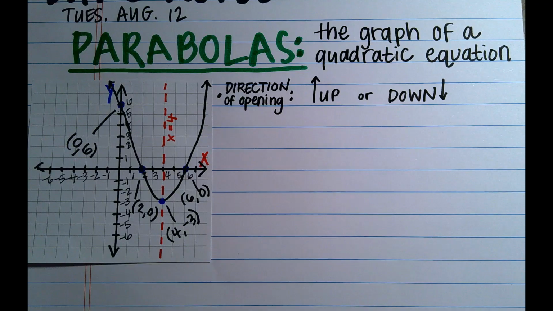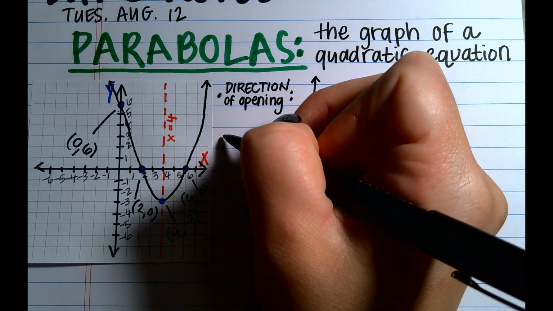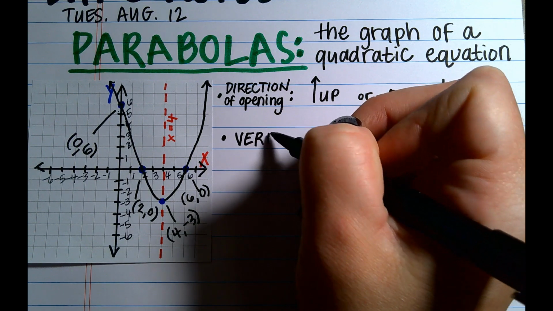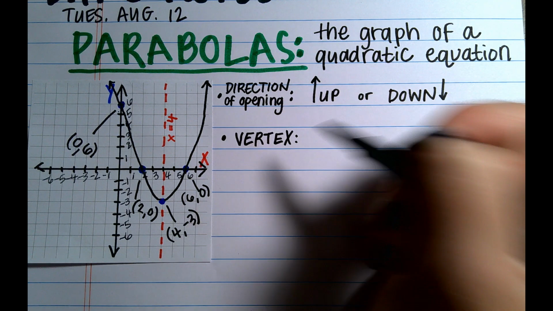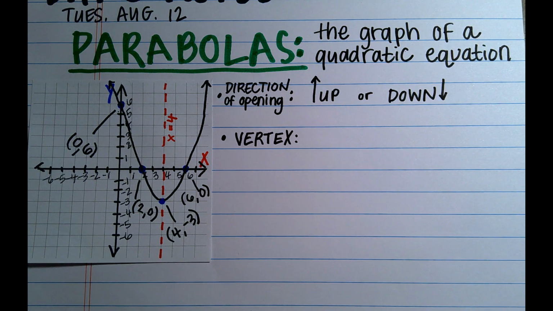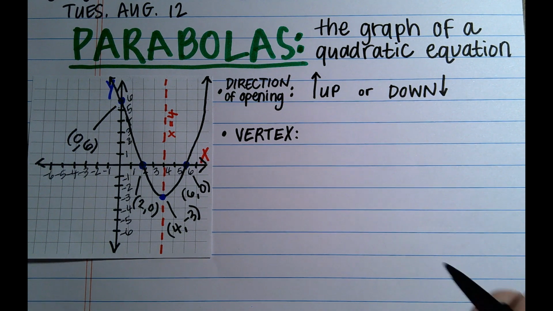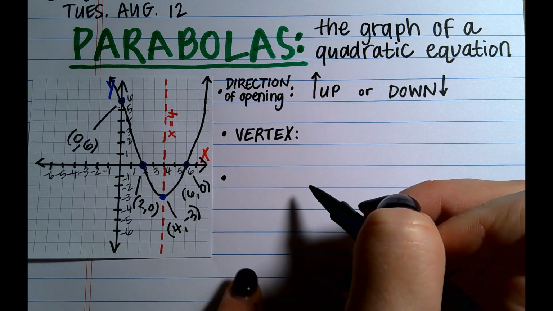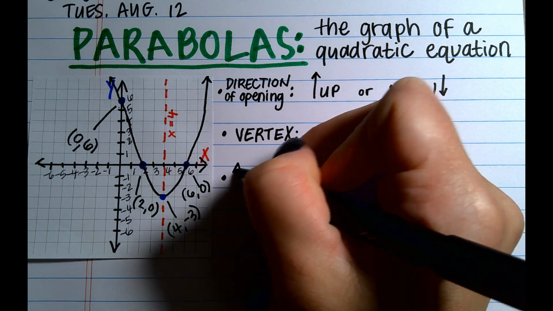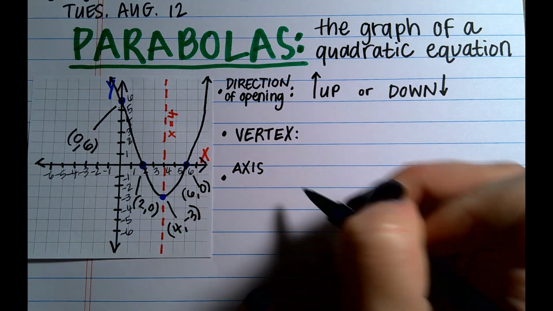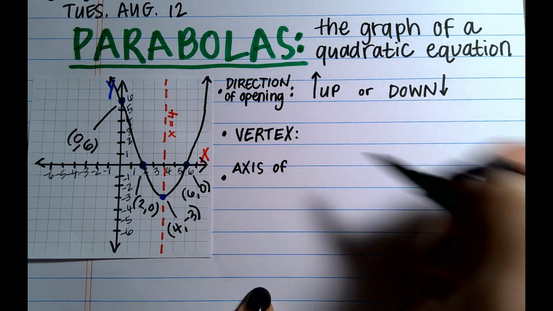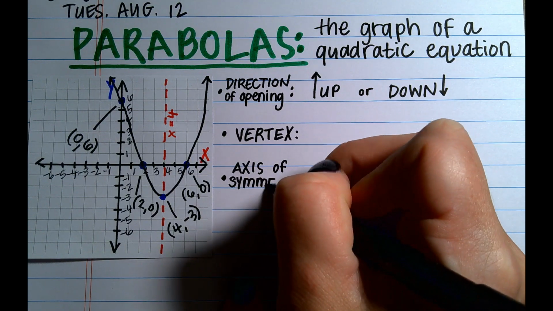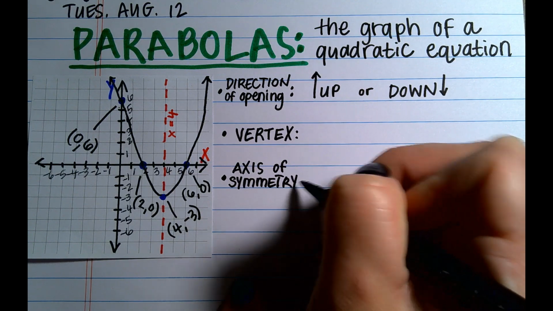After direction of opening, we're going to write vertex, V-E-R-T-E-X, vertex. After vertex, axis of symmetry, axis, A-X-I-S, of symmetry, S-Y-M-M-E-T-R-Y.